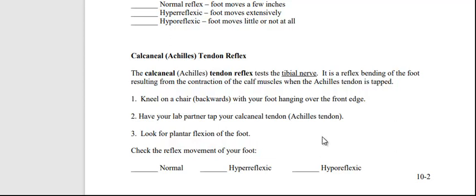So if you tap the Achilles tendon, you should have a plantar flexion of your foot. So the plantar side of your foot is the bottom. It's the one that touches the ground when you're standing up. So if you've got your foot extended and they hit you in the Achilles tendon, your toes should curl.